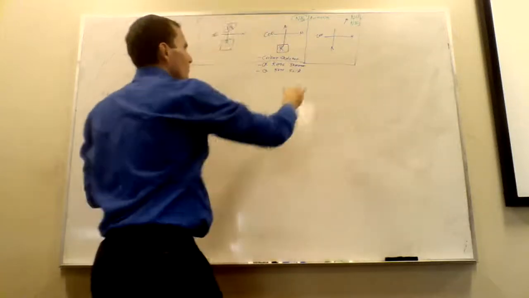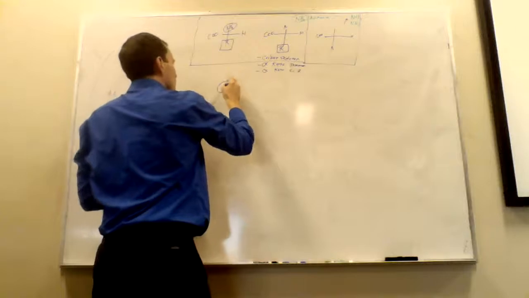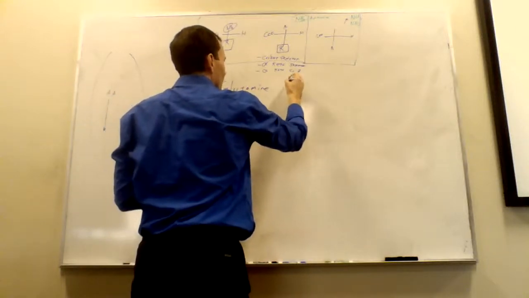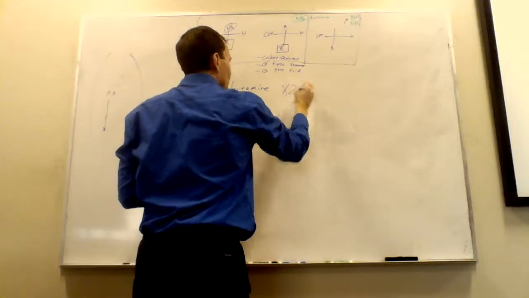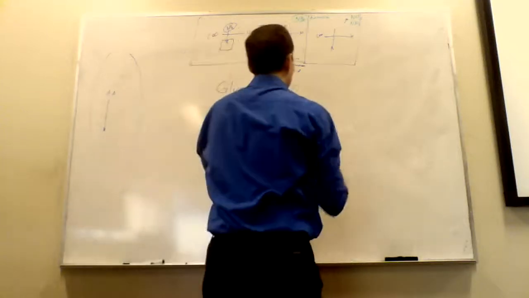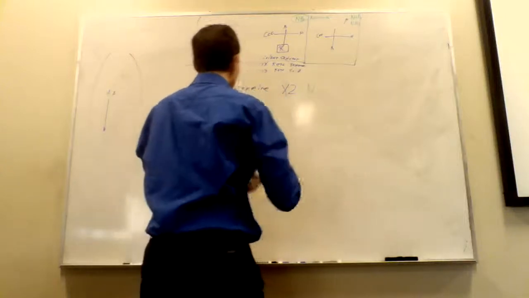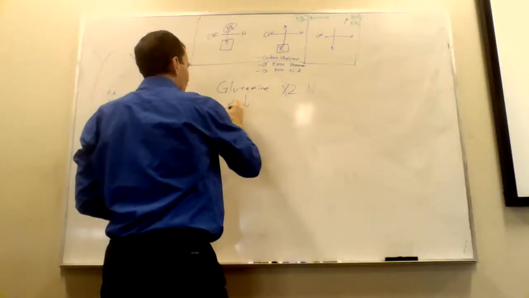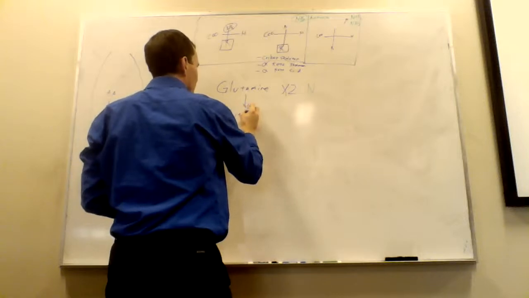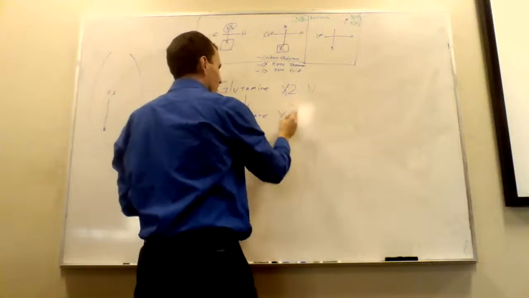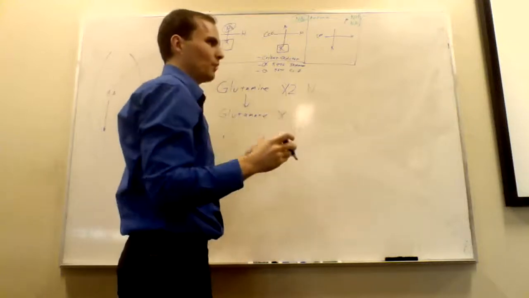Okay? And so, let me give you an example. Glutamine. Glutamine has two nitrogens. If you take one of those away, it becomes glutamate. Because glutamate looks exactly like glutamine, except has one less nitrogen.